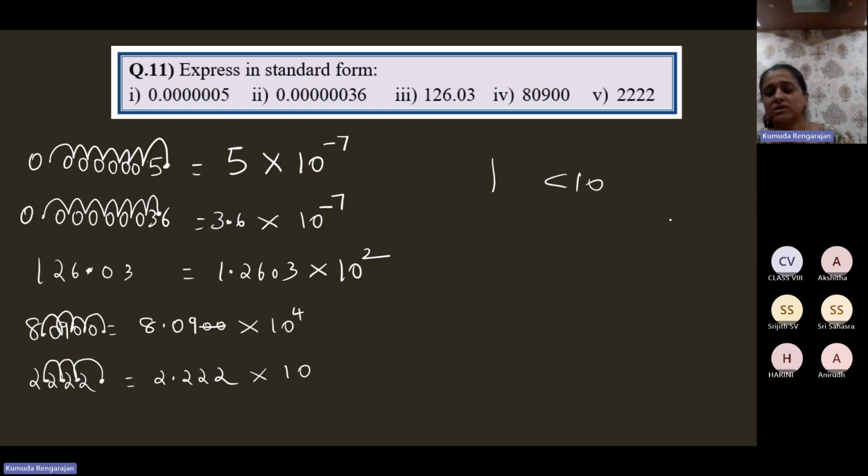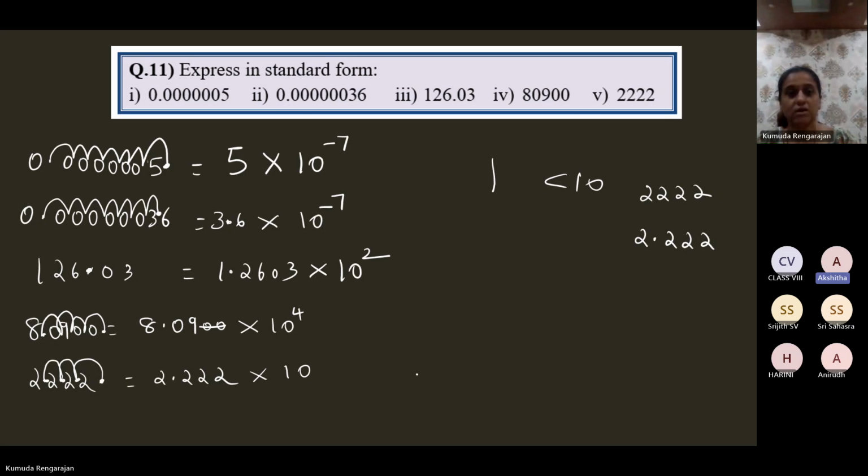What is the given number, Akshita? What's the number given to us? 2,222, ma'am. Okay, now it has become what? 2.222. Have you increased the value or decreased the value? Decreased the value, ma'am. So the opposite effect will be a positive or negative power.